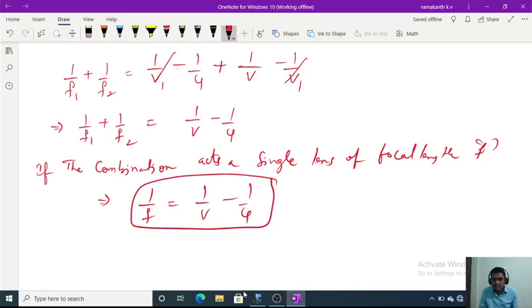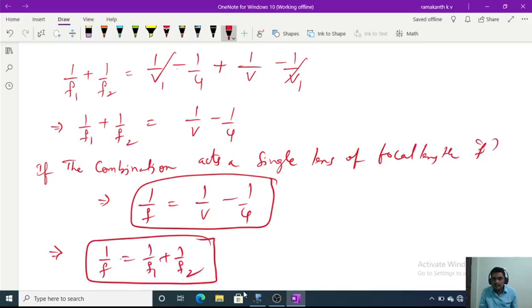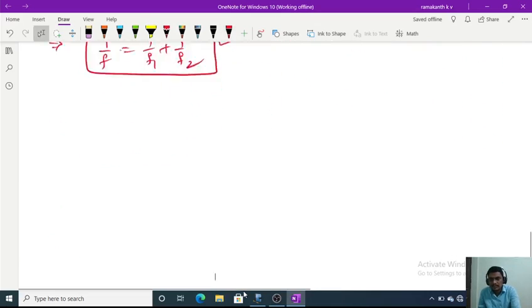So we can write the final expression as 1 by f is equal to 1 by f1 plus 1 by f2. When two thin lenses are kept in contact on the principal axis, the reciprocal of the effective focal length is the sum of the reciprocals of the individual lenses. This is the expression for combined focal length.